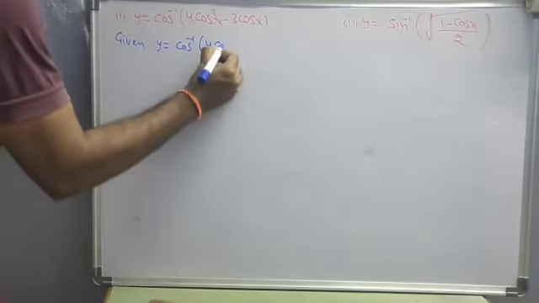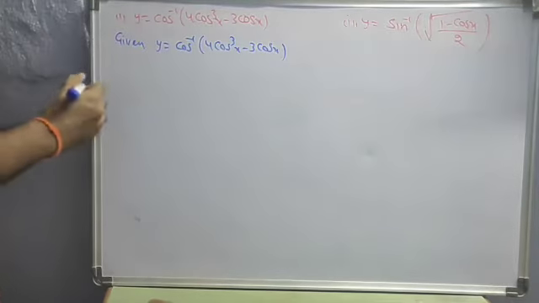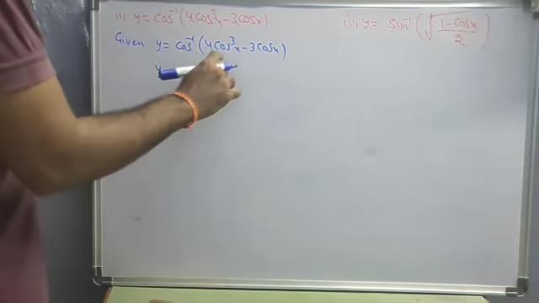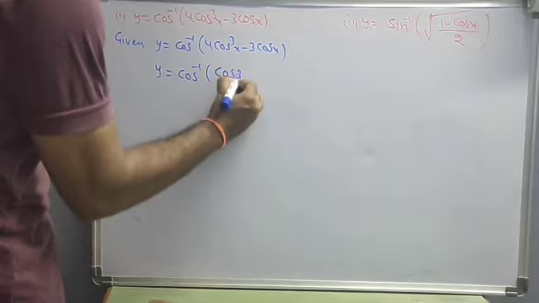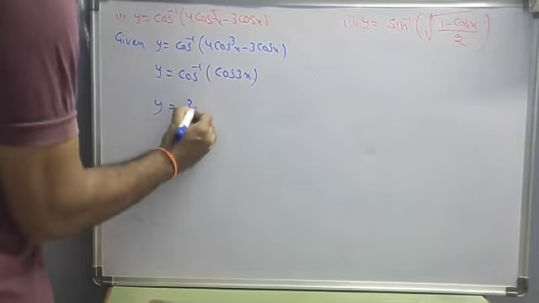Given y equal to cos inverse of 4 cos cube x minus 3 cos x. So y equal to cos inverse of the 4 cos cube x minus 3 cos x, whose formula is cos 3x. Cos inverse of cos of any function gives that function.